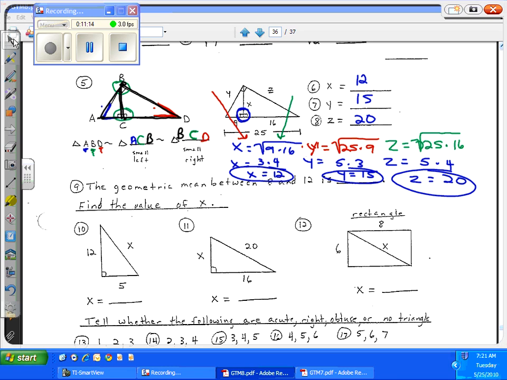Based on the proportions that come out of those theorems, we can say that the altitude x is the geometric mean between the two segments of the hypotenuse, and either leg is the geometric mean between the hypotenuse and the segment of the hypotenuse adjacent to that leg. Okay?